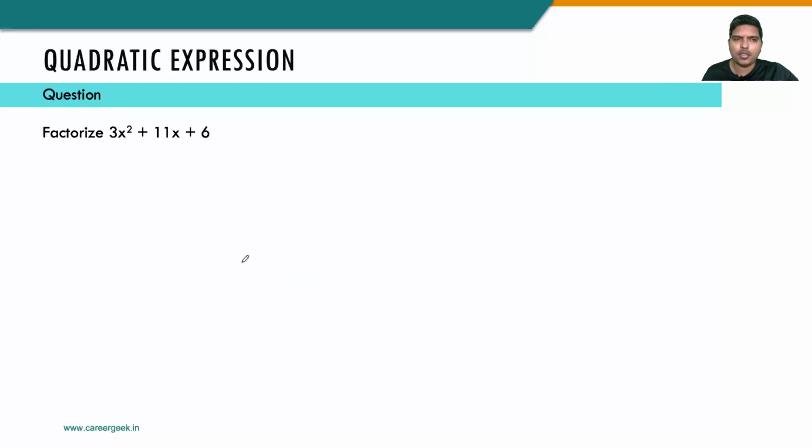So we'll solve one last question. Right, so we have seen that the sum is 11 and the product is 3 multiplied by 6, which is 18. And we'll need to take the factors, right?